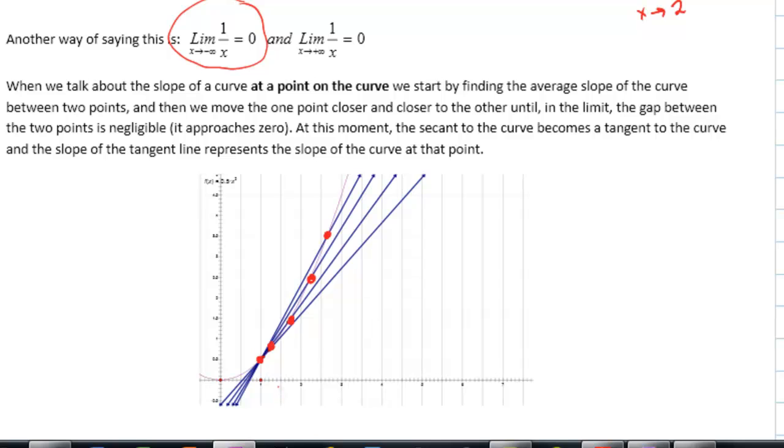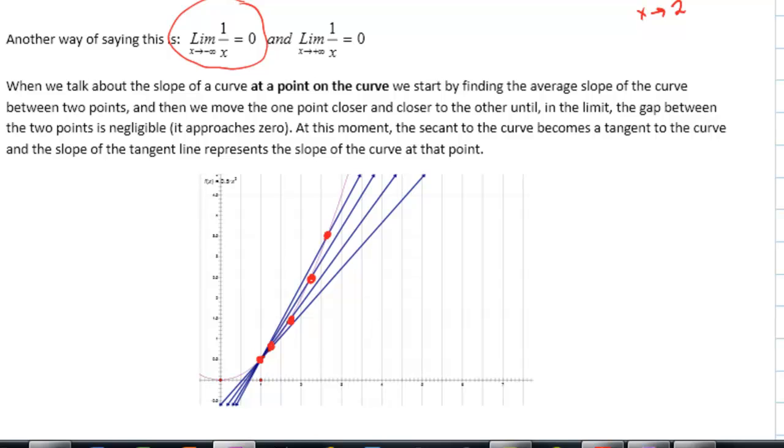And at the moment that the distance between those 2 points is 0, the secant line that we'd been talking about becomes the tangent line, and then the slope of the tangent line represents the slope of the curve at that point. So let me say that again.